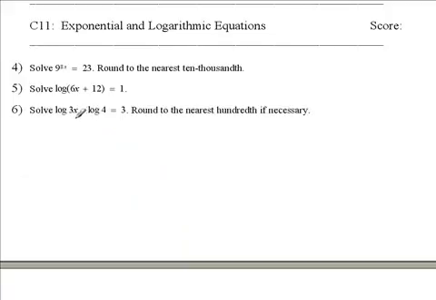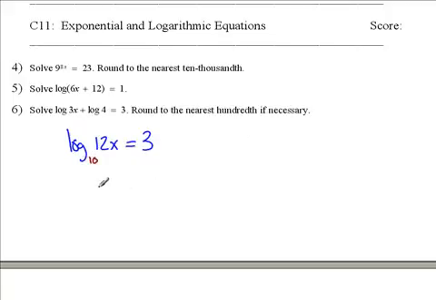Log of 3x plus log of 4 equals 3. The first thing I'm going to do is combine log of 3x and log of 4. Log of 3x plus log of 4 is log of 12x. Why? When you're adding like-base logs, you can multiply them together to make one log. If there's no base shown, what's the base on a log? 10. So this is base 10.